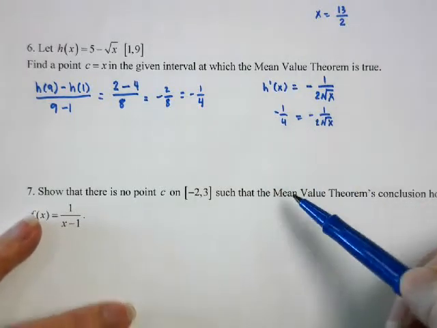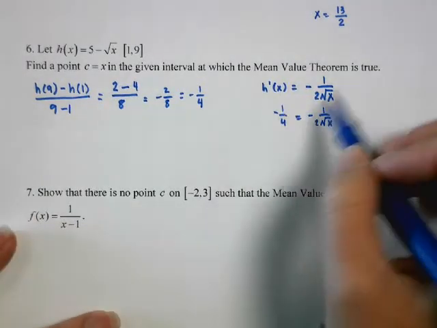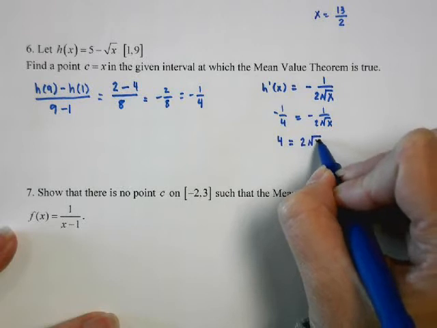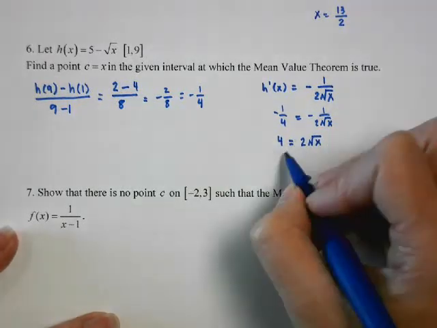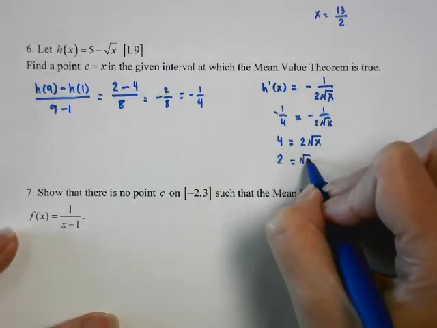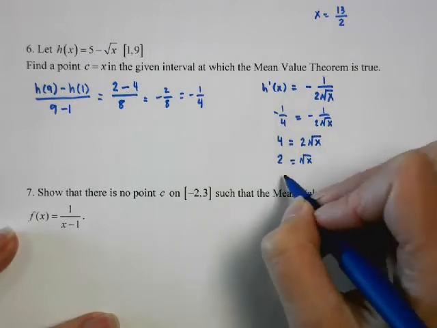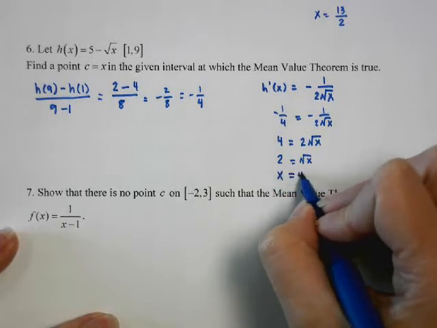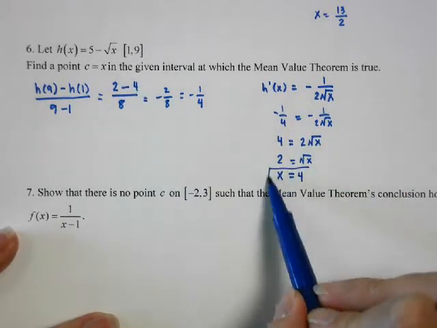They're both negative, so we can remove those. They're both reciprocals, so I can just flip the whole thing over. So 4 equals 2 root x, so 2 equals the square root of x. So square it, and x is equal to 4, which is right in our interval.